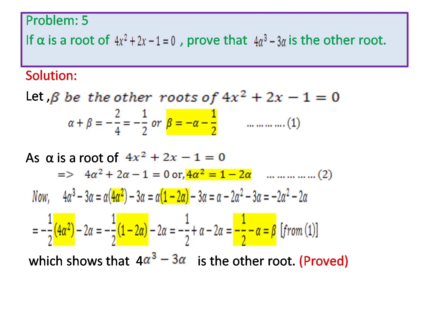Now 4 alpha cube minus 3 alpha can be written as, look how I write it, alpha into 4 alpha square, the highlighted portion, minus 3 alpha.